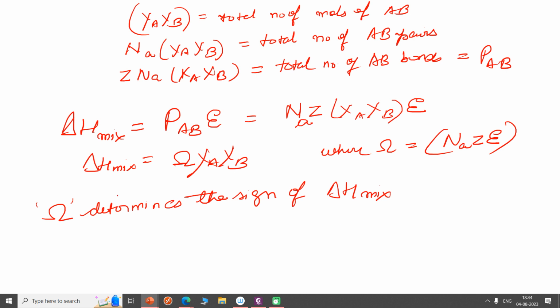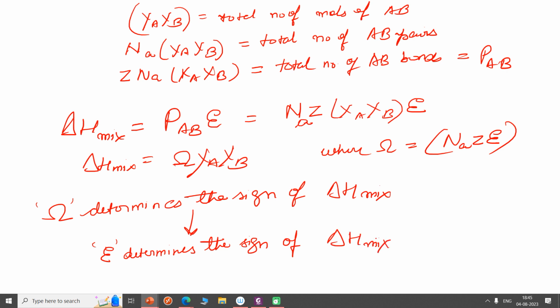And this omega term is nothing but these terms. Again, the Avogadro's number is positive, the total number of bonds per pair is always positive, it should be a whole number, either 0 or greater than 0. So which tells us that the E parameter is the one which is determining the sign of delta H mix.